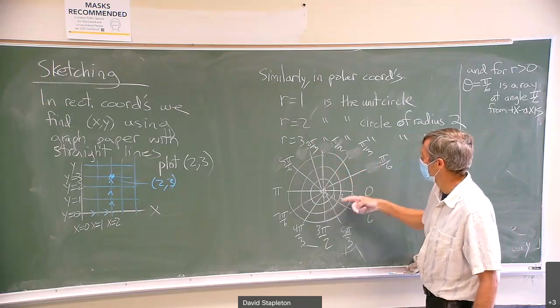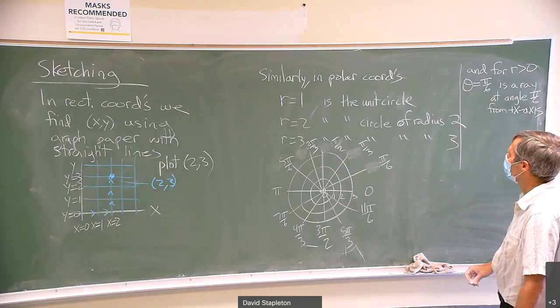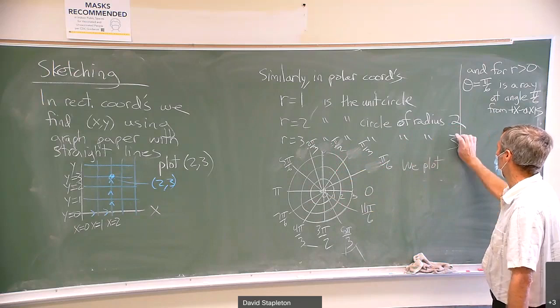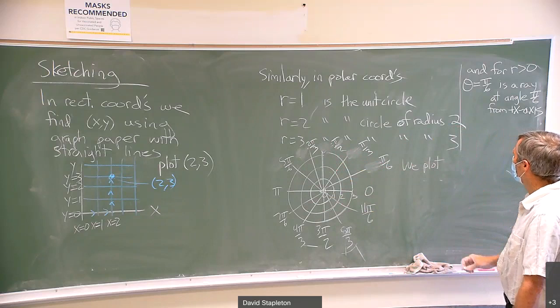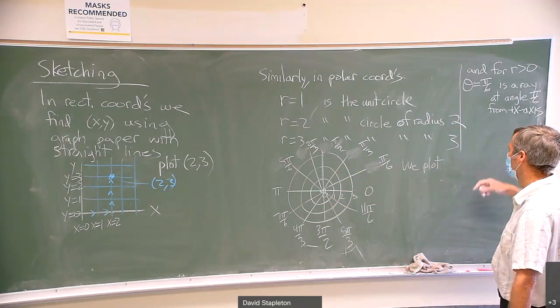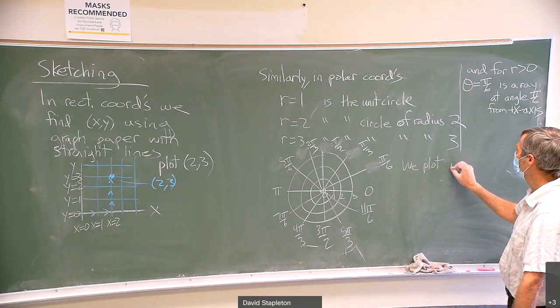And you label the circles with the r values. And now you can plot points. So we plot points by turning to theta and going out r. And we can also do r negative by turning to the opposite direction and going backwards, absolute value of r. So we plot polar coordinates.